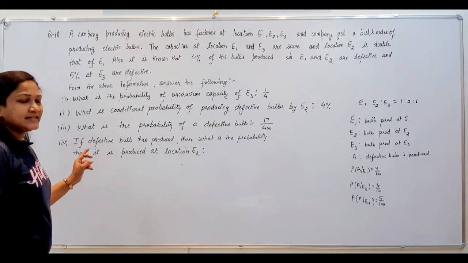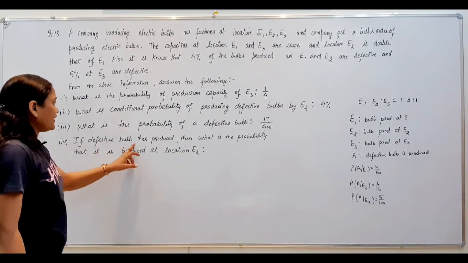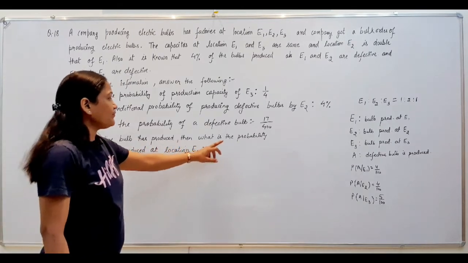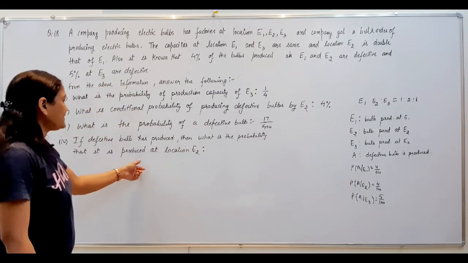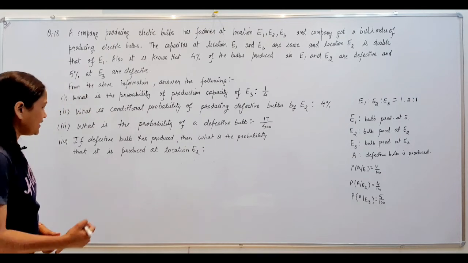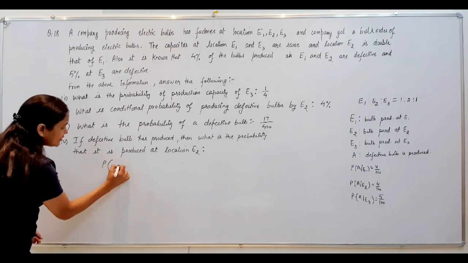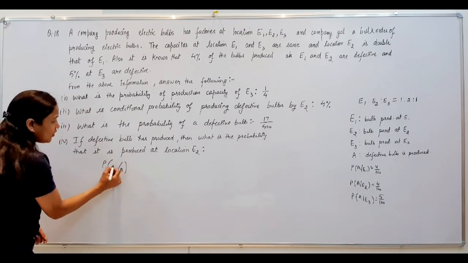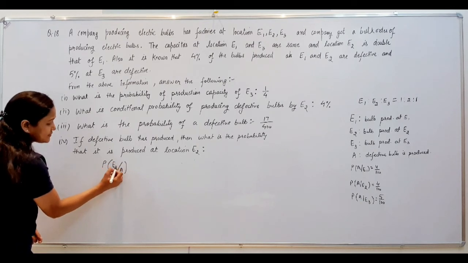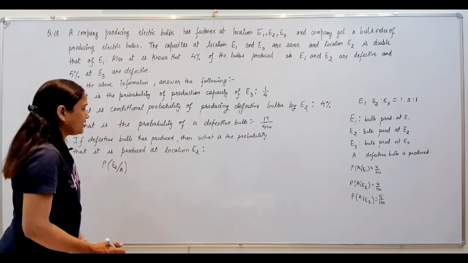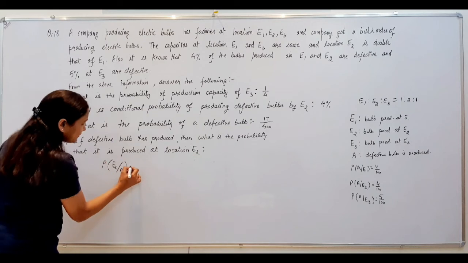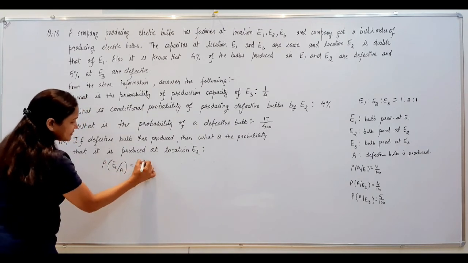Next question is, if a defective bulb has been produced, then what is the probability that it is produced at location E2? Finally, your A has happened. Now what is the probability that it is produced by factory E2? And this is the question of Bayes theorem.